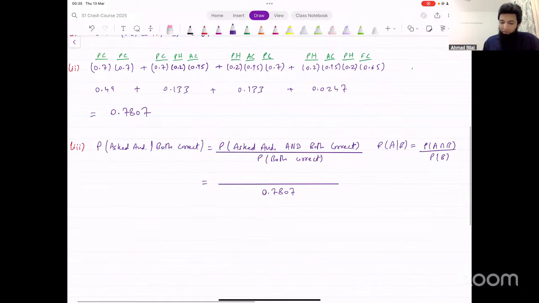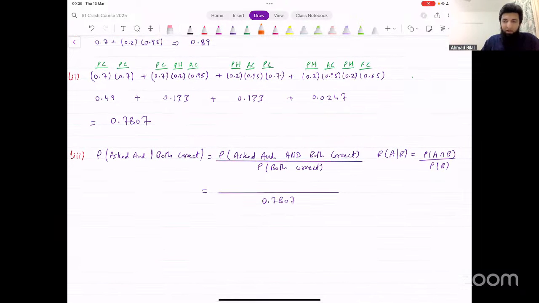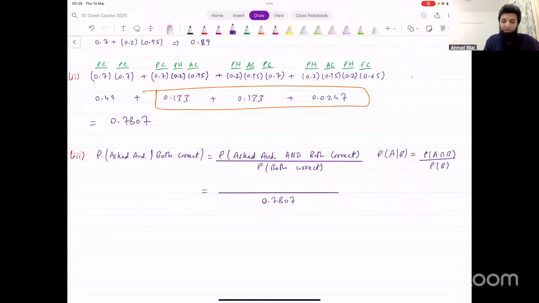Okay, now, the numerator is when he asked the audience and both questions were correct. These are the three cases in which both conditions are met. So that is going to be your numerator now: 0.133 plus 0.133 plus 0.0247. You can evaluate this and see what that gives you.